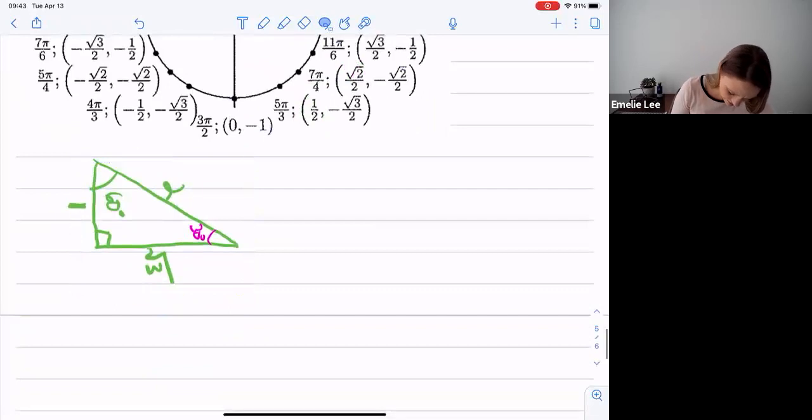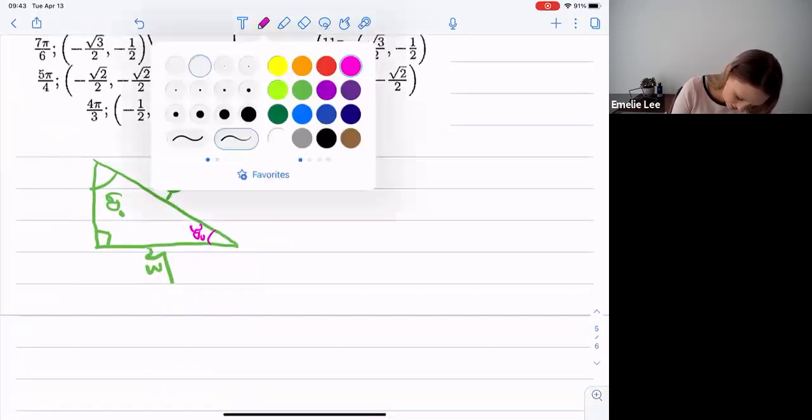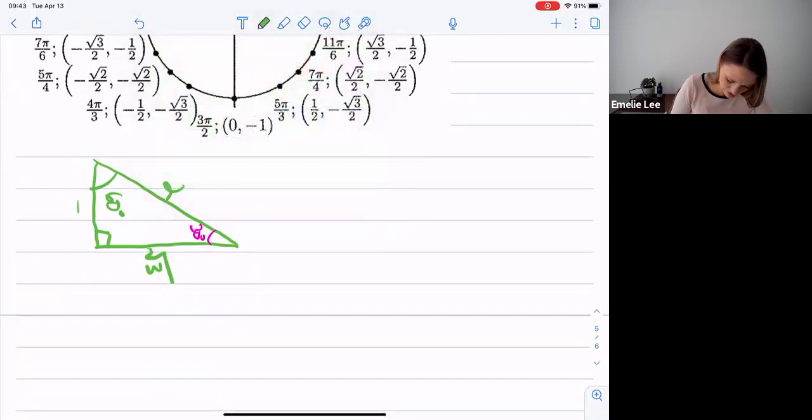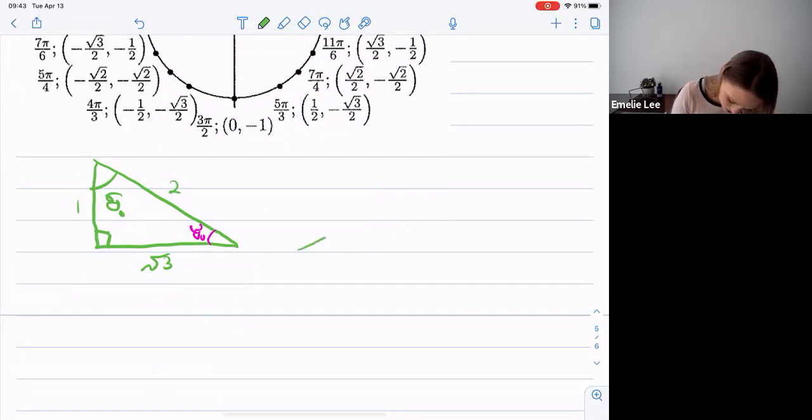How do I? This is a length of 1, kind of looks weird when it's like that. It's a length of root 3. And this is a length of 2. Okay. So what I'm going to do is I'm just going to flip this, kind of mirror image it, or try to.